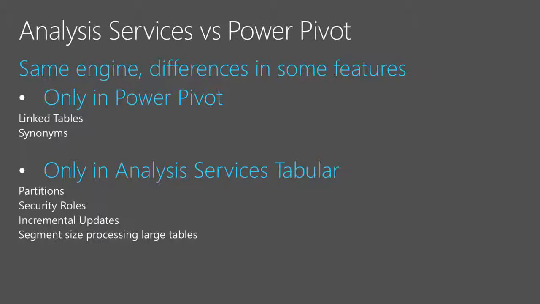There are a few differences in the features of these two products. In particular, in Power Pivot, you have today synonyms and linked tables, which are two features that are only in Power Pivot, whereas in Analysis Services Tabular, we have security roles, partitions, incremental updates, and the ability to define the segment size processing large tables.